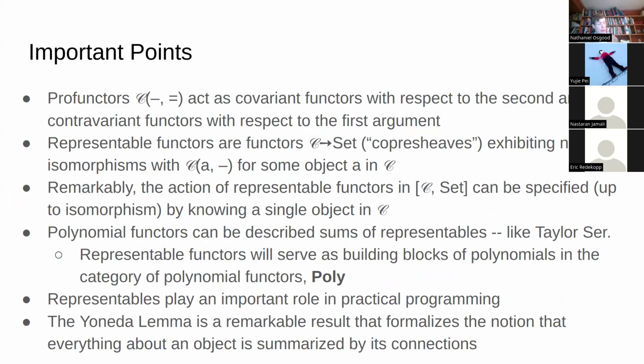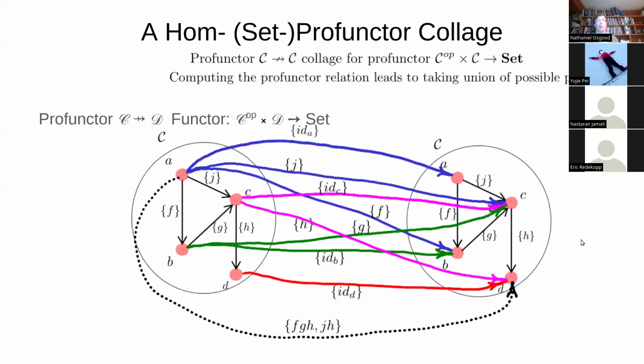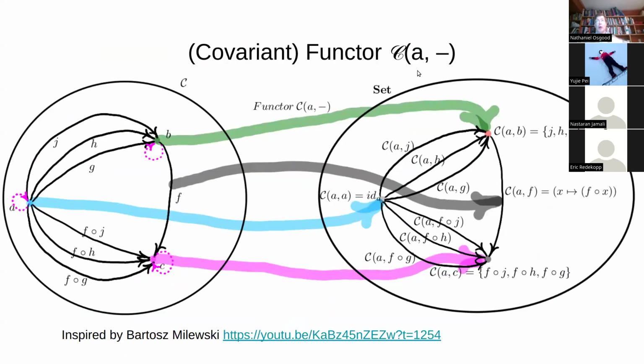These representable functors may seem very arbitrary, but they're wonderful building blocks. It cannot be overstated that by specifying a single piece of information, a single object A, along with this category, we specified a whole functor, right?